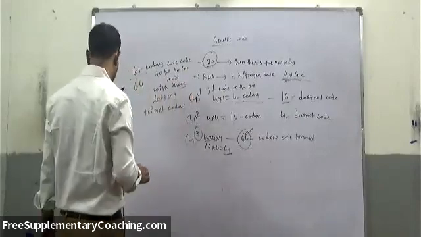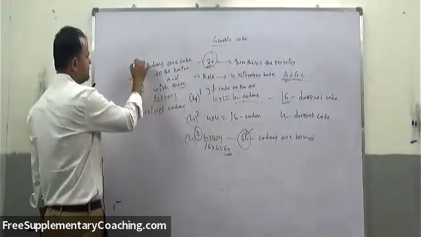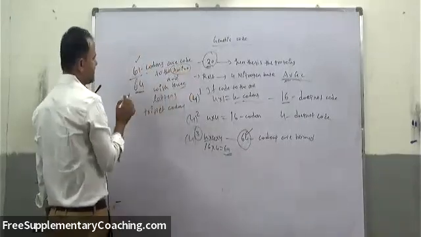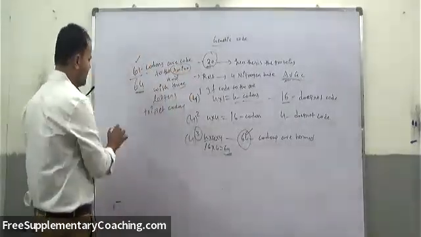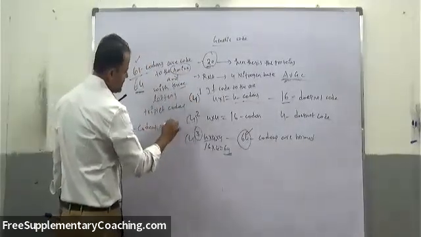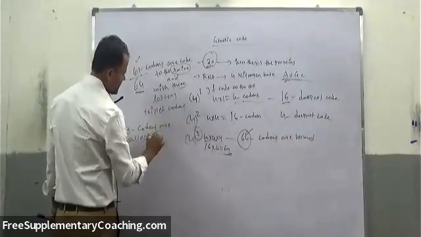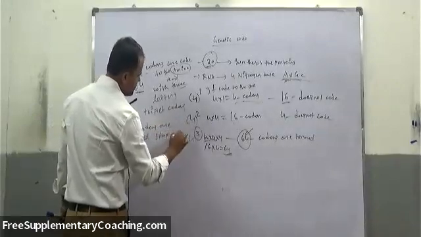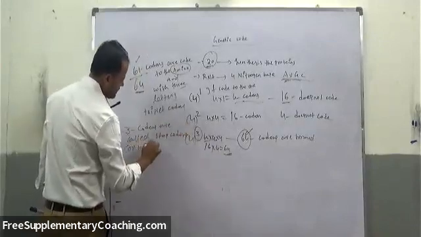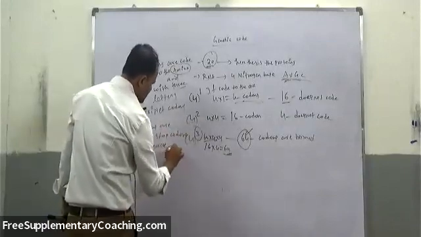Remaining 3 codons. So total 64 codons. Out of 64, 61 codons code for the amino acid. The remaining 3 codons do not code for any amino acid. Those 3 codons are called stop codons or nonsense codons.